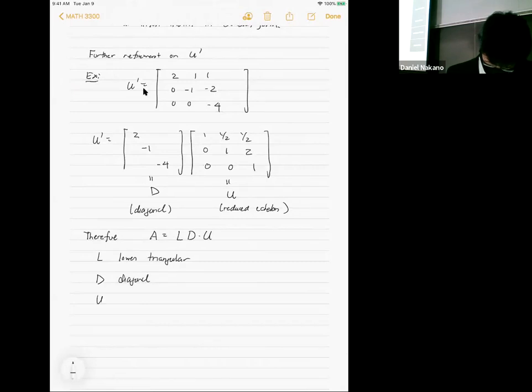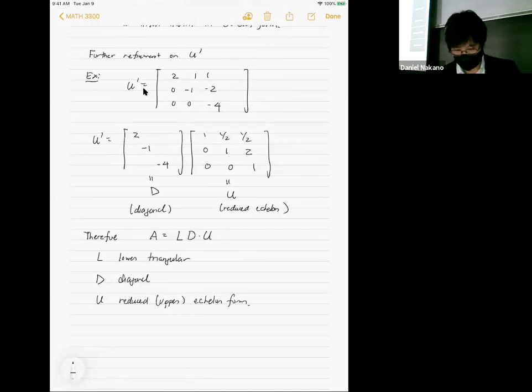Okay. And U is in reduced, I'll just say upper echelon form. Okay, so again, this is if no row exchanges are needed.